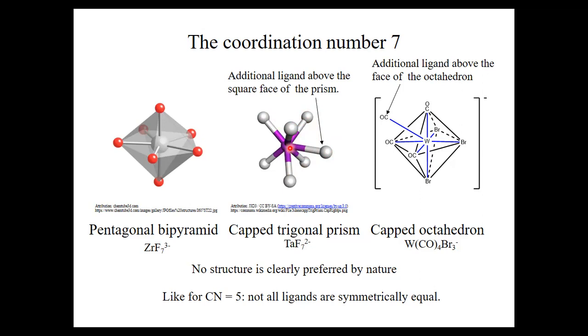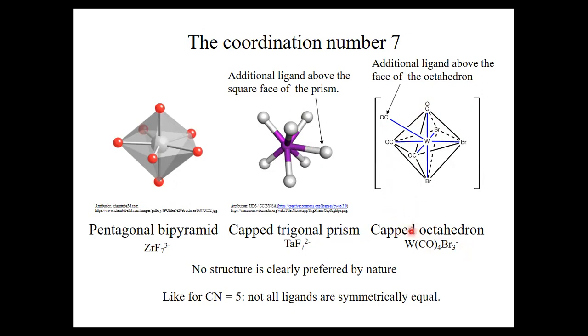All right, then we have another possibility, and that's the capped octahedron. So in this case, 6 ligands make an octahedron, and the 7th ligand is placed on top of one triangular face. So an example is shown here.